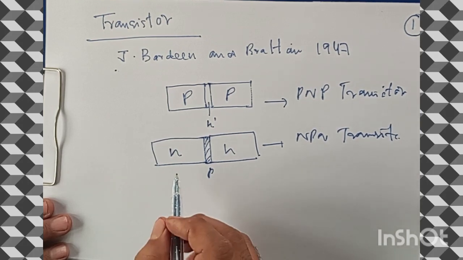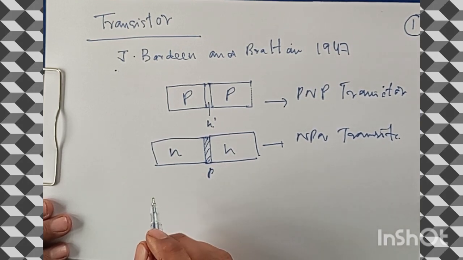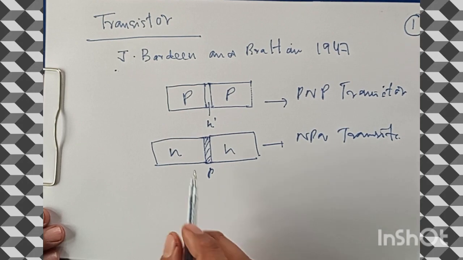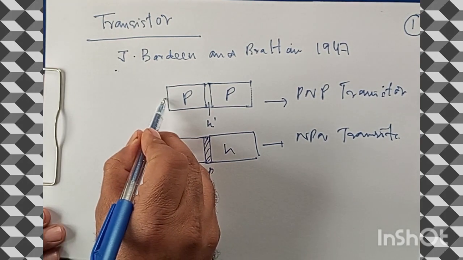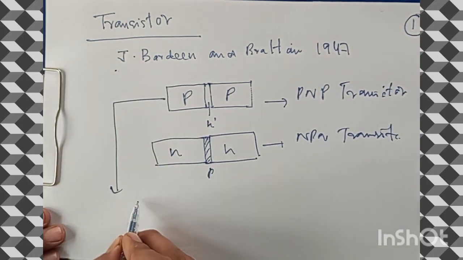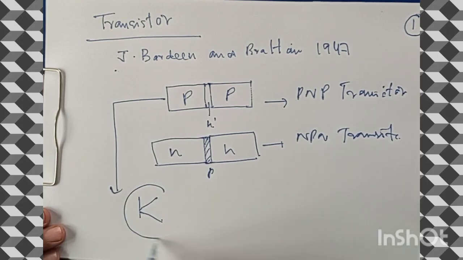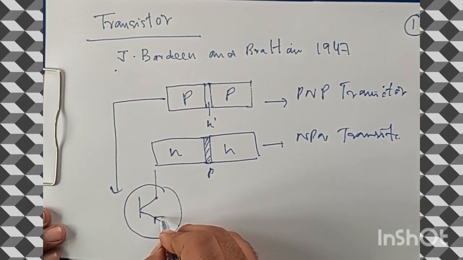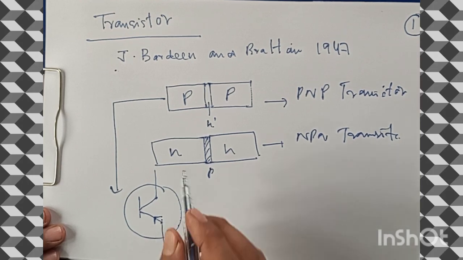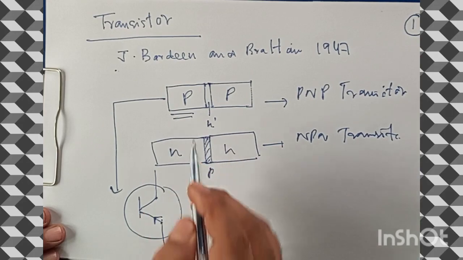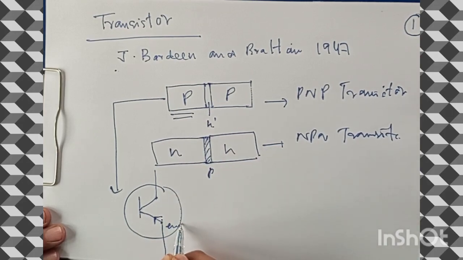Now we have symbols for these transistors, and for the PNP transistor we have a symbol like this. In this case, the arrow is shown like this. This is the P, and this P is called the emitter.